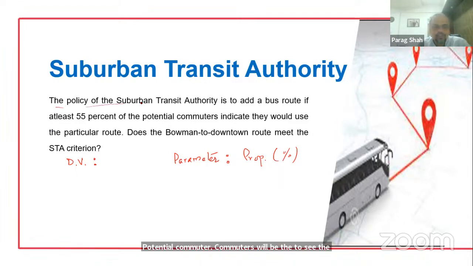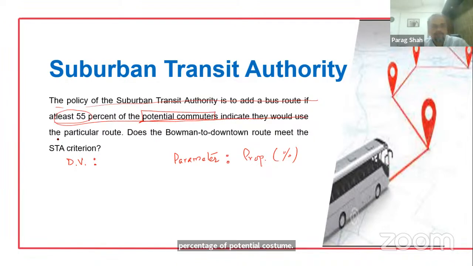So see the question. The policy of the suburban transit authority is to add a bus route if at least 55% of potential commuters indicate that they would use a particular route. So decision variable is potential commuters, parameter is proportion.